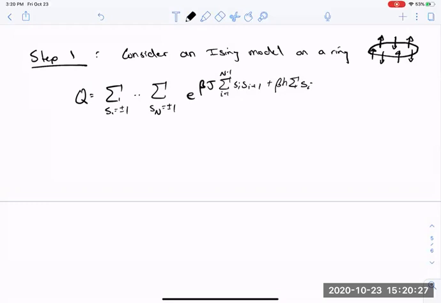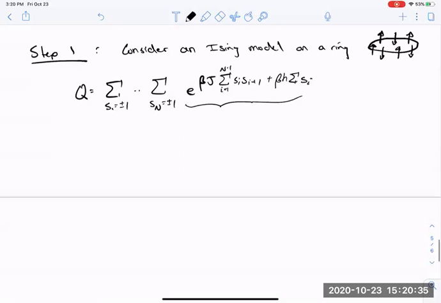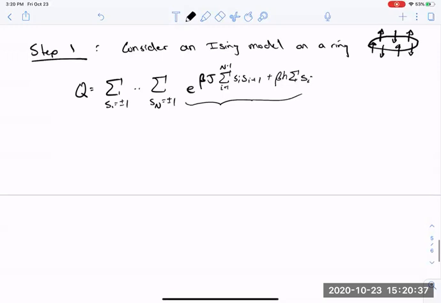So now let's think, what does this look like? If we actually were to write out what some of those terms were, we'd have one term which was beta h s1 plus beta j s1 s2.